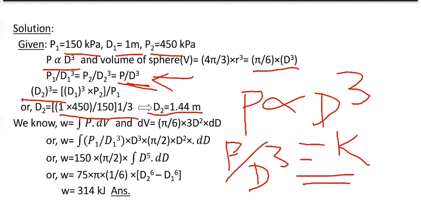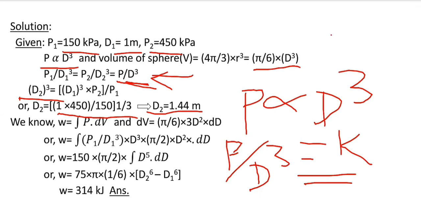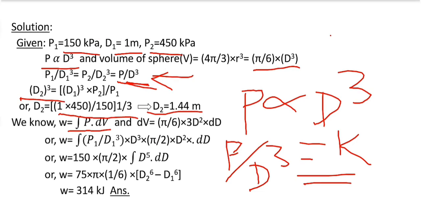Now you know, friend, the area under the PV diagram gives the value of work done by the gas, and work is equal to the integration of P dV. Here pressure is given in the question, so we have to find the value of dV, and we know volume is equal to pi/6 into d cubed.